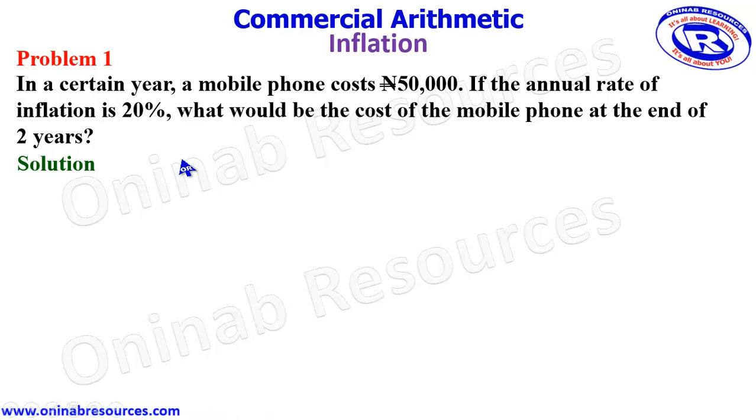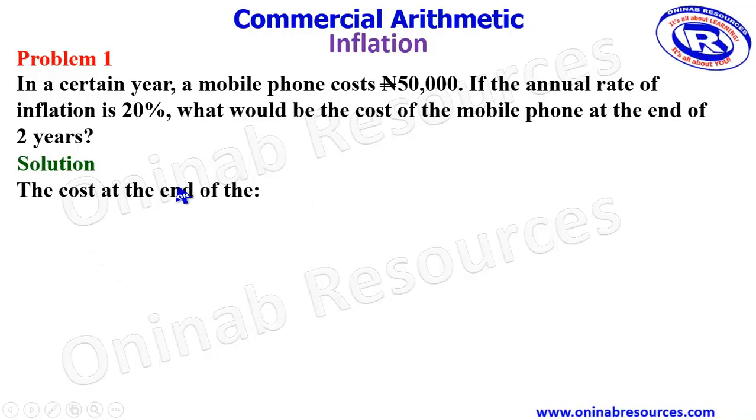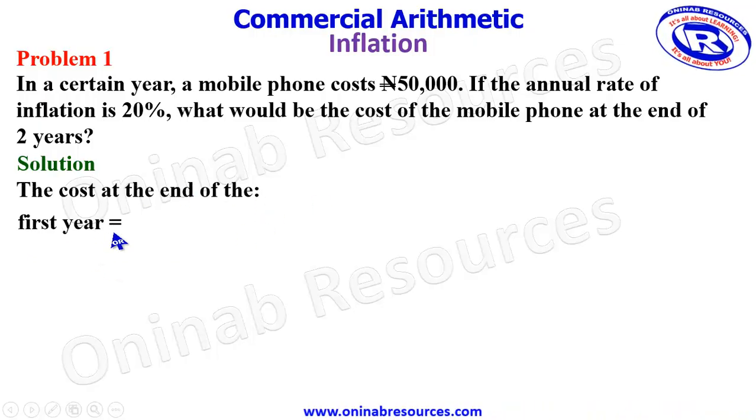The first one is to calculate the price at the end of each year. The cost of the mobile phone at the end of the first year will be, since inflation is a persistent increase in the prices of goods and services, and this is by 20%.